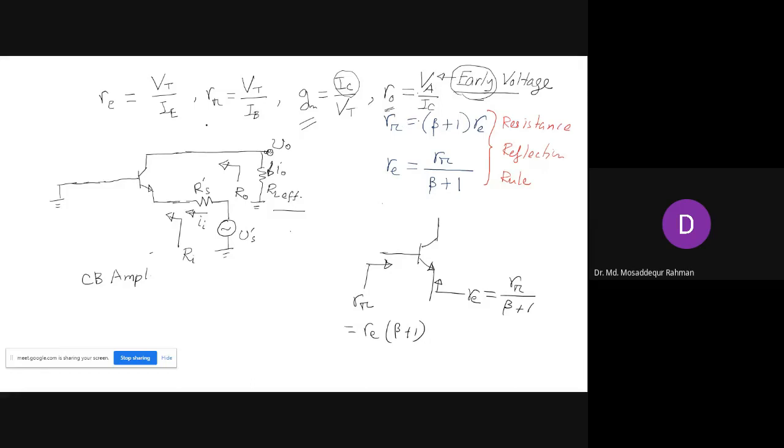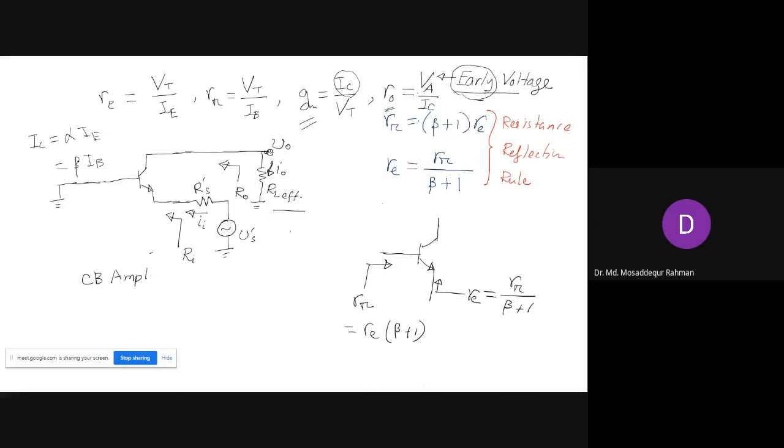So all these circuit parameters, the emitter resistance, R pi, the base resistance, the transconductance, and the output resistance, depend on one thing, the DC bias current. And these bias currents IE, IB, IC are related: IC is alpha IE, or IC is beta IB.